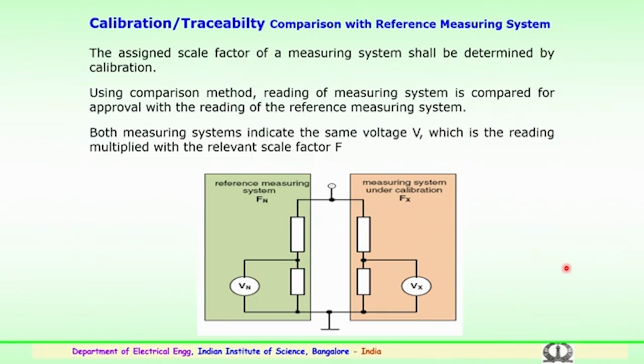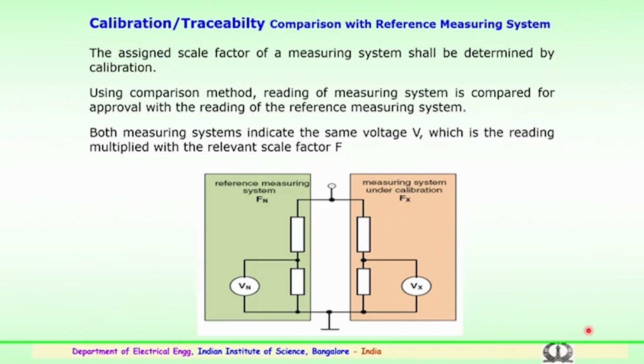Both measuring systems indicate the same voltage V, which is the reading multiplied by the relevant scale factor. Here is the reference measuring system and this is the measuring system under calibration. Both have to show the same value, then the equipment can be traceable to the main equipment, and the results obtained can be accurate.